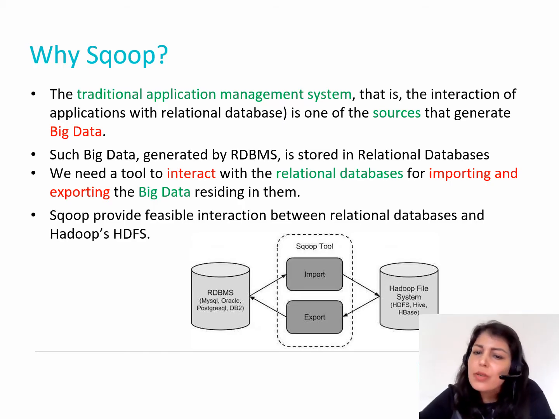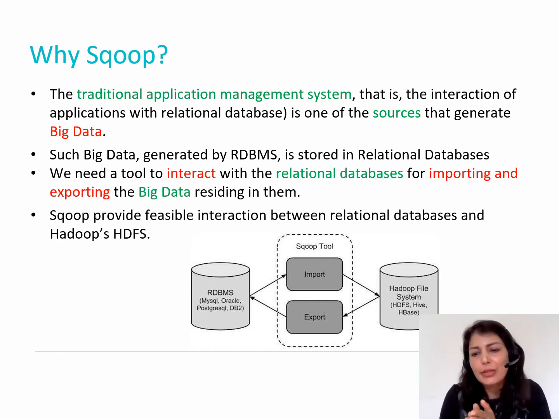The main question is why we need to use Sqoop. One of the main sources of generating big data is traditional management systems, which are based on the interaction of traditional application with traditional database like MySQL, SQL Server, Oracle. So if we want to analyze this big data, we need to bring them to Hadoop file system, which means we have to be able to interact with traditional database.